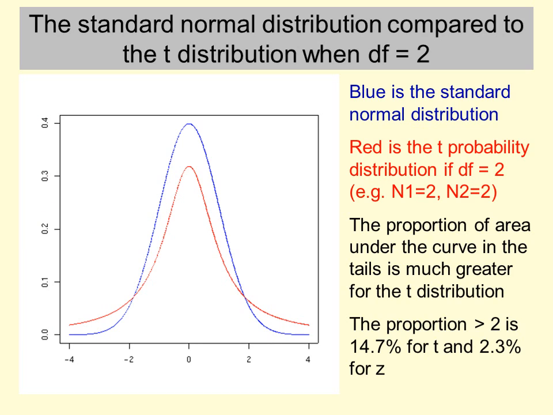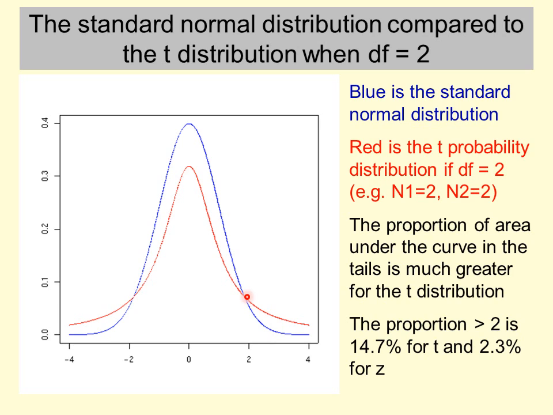Now for the red distribution, which is the t-distribution, the x-axis is now units of t-statistic rather than units of standard deviation, or z. You can see that these two curves have quite different shapes, and most importantly the proportion of the area under the curve will be different for the two curves for a given value on the x-axis.